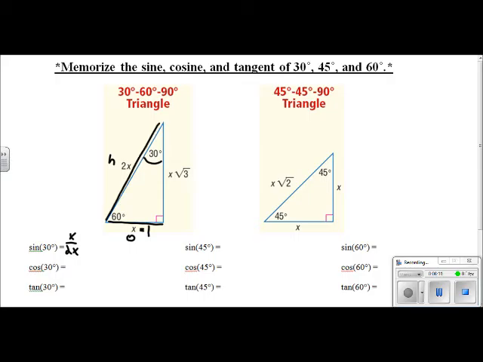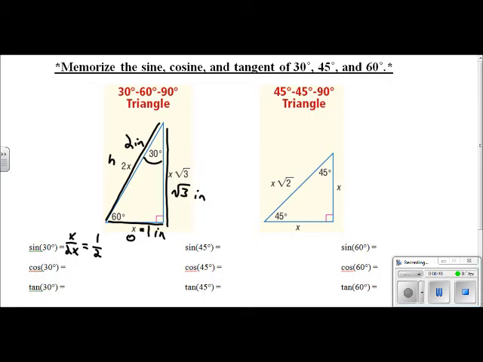This leg would be 2 in length, and this leg would then be square root of 3. So we could say inches. This is 1 inch long, 2 inches long, and root 3 inches long. These proportions will be the same for any 30, 60, 90 triangle. So if the sine of 30 degrees is x over 2x, we can reduce that down to just say 1/2.